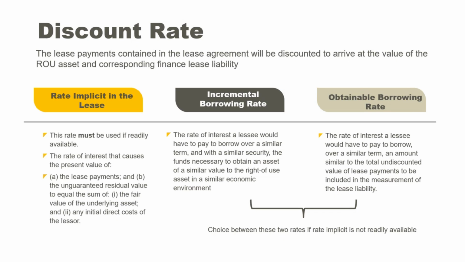Luckily, we've been given a simplification in the form of the obtainable borrowing rate. The obtainable borrowing rate is the rate of interest a lessee would have to pay to borrow over a similar term, an amount similar to the total value of the lease payments undiscounted. Now, broadly speaking, this is the most straightforward option, and hopefully, in theory, it's easier to obtain this rate from your bank or another lender than it is for you to work out the other two rates.